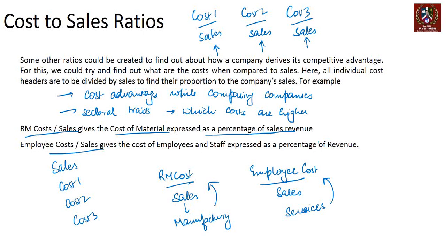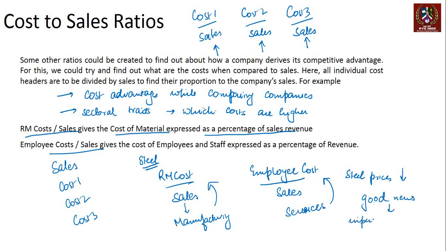So it allows us to also figure out which sectors get affected when, right? So that's just for example, if raw material cost is very high for a manufacturing unit and steel costs are high, steel is one of the raw materials, and steel prices are falling down globally, then that's good news. Why is that good news?